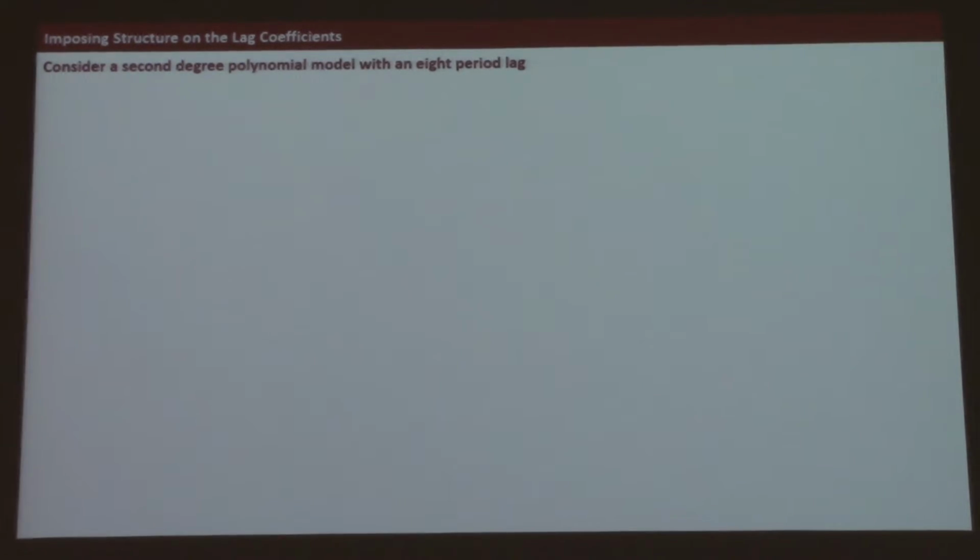All right, so let's do this again. This is the one we're going to run. Not necessarily the 8 period lag, but we're going to run a second degree polynomial. That's going to give us this equation, this picture. And again, we don't know how many lags there are going to be.